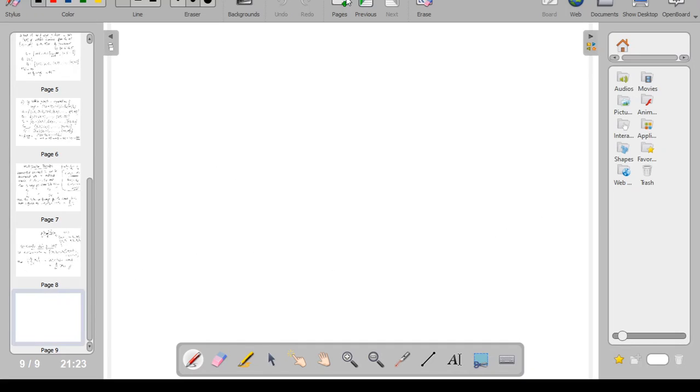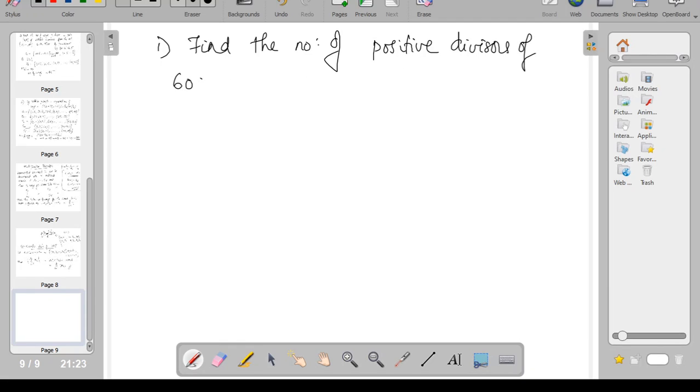And now let us see an example of multiplication principle. So the first question is, find the number of positive divisors of 600, inclusive of 1 and 600 itself.